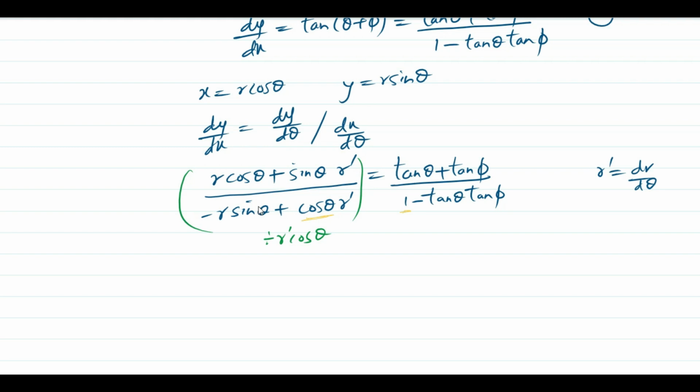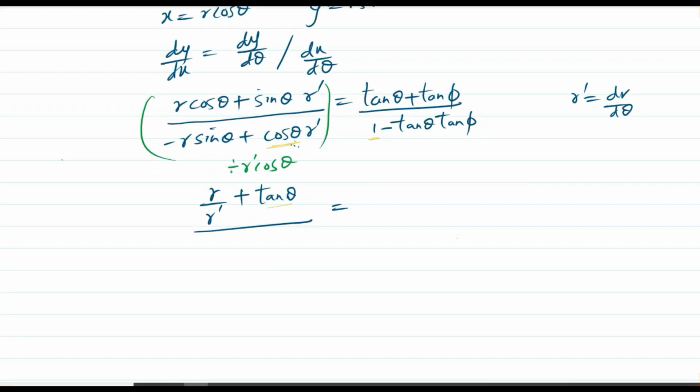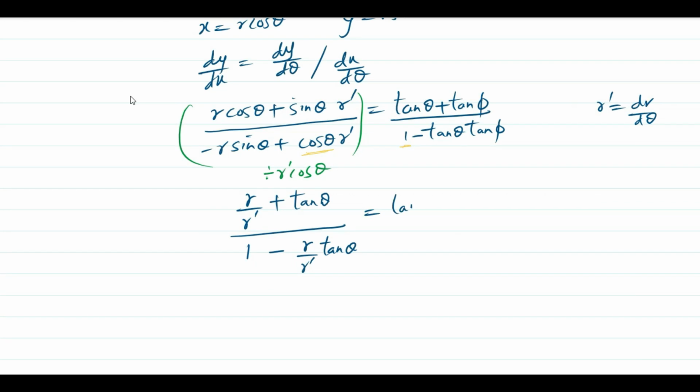If we do that, r cos theta by r dash cos theta gives us r by r dash, plus r dash sin theta by r dash cos theta gives us tan theta, whole divided by, I will take this r dash cos theta term first, r dash cos theta by r dash cos theta is 1 minus r sin theta by r dash cos theta is r by r dash tan theta equals tan theta plus tan phi whole divided by 1 minus tan theta into tan phi.